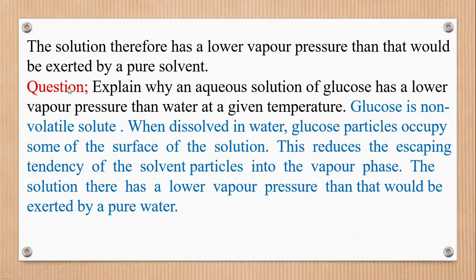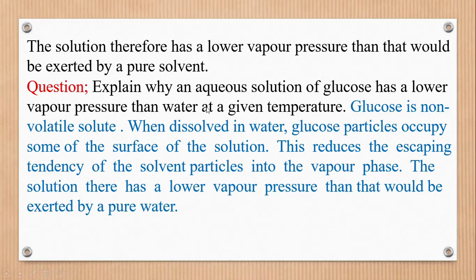Then when you look at this sample question, it says: explain why an aqueous solution of glucose has a lower vapor pressure than water at a given temperature. For this case, glucose is a non-volatile solute. It is our solute, and water is the solvent.